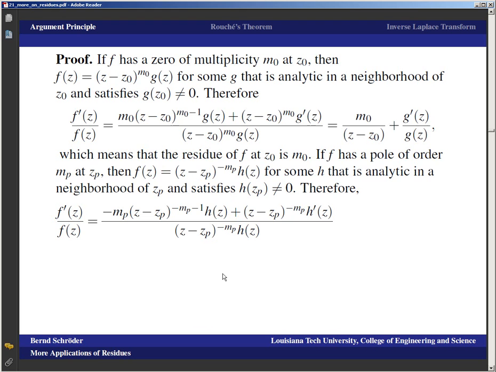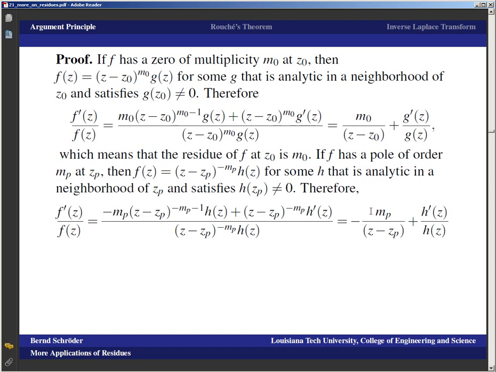We break that fraction up. If we cancel the h and as many powers of z minus zp as we can, we end up with (z minus zp) to the negative 1, so that's 1 over z minus zp, and of course we keep the negative mp. And for the second one, we just cancel the power of z minus zp and end up with h prime of z over h of z.